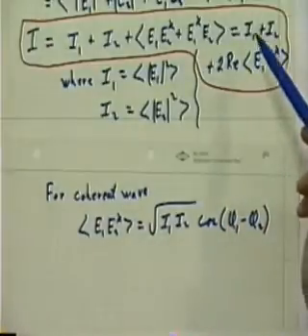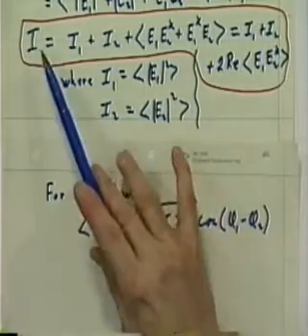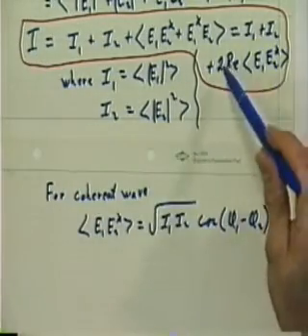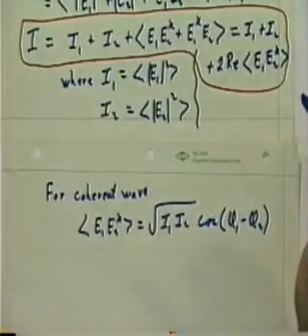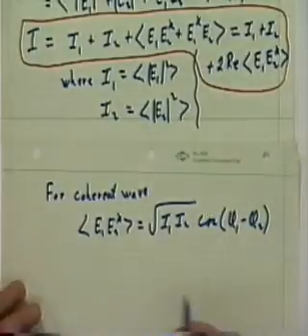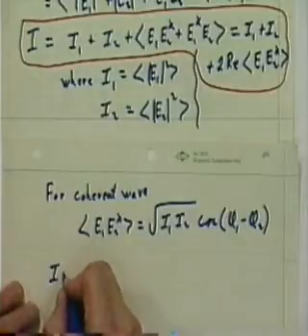Because before, when we were looking at coherent beams, we just had the irradiance was I1 plus I2 plus 2 times the square root of I1 I2 cosine of phi 1 minus phi 2. And so we would just write down here that, I'll write it down.